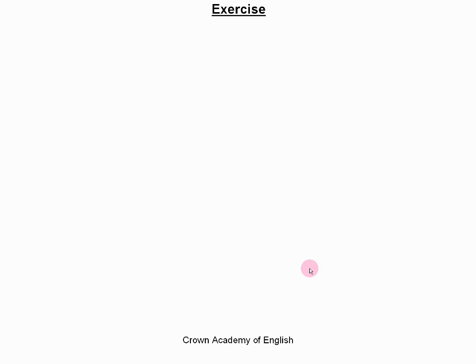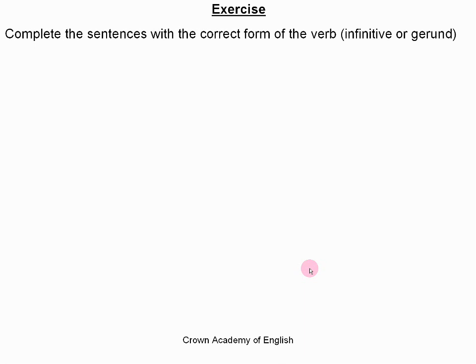So, let's look at an exercise. I would like you to complete the sentences with the correct form of the verb, infinitive or gerund. And you should be able to decide the correct form from the context of the sentence. So carefully read the context of the sentence and choose the correct form. Example.